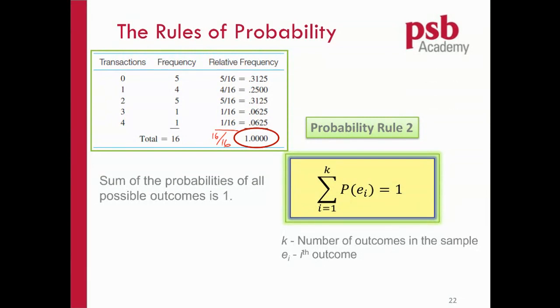What's the chance of not getting 1 transaction done? If not 1, it can be any others, right? So how about adding the rest? This one, this one, this one, this one. When you add the rest, you'll be equal to 1 minus this, right? Okay.